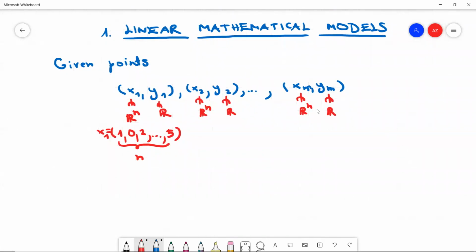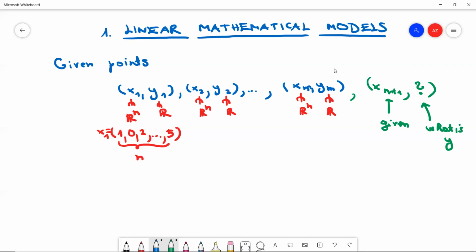And what is our task? We would like to fit those given points with some function. And why do we want to do this? So that we can also predict the value of y for some x which is not among those given. Given x(m+1), what is the value of y?